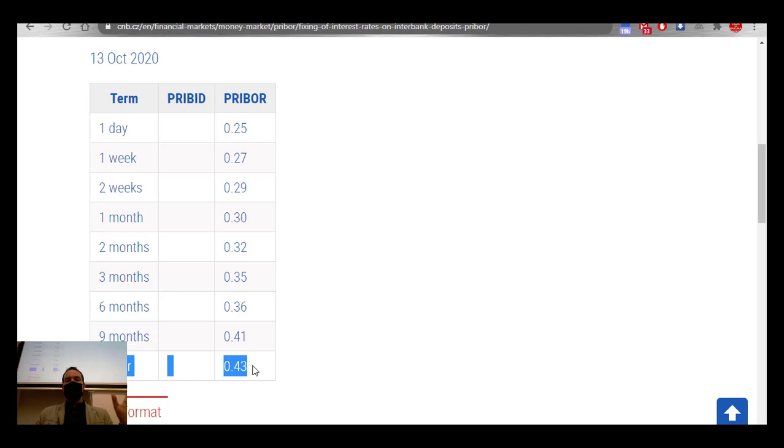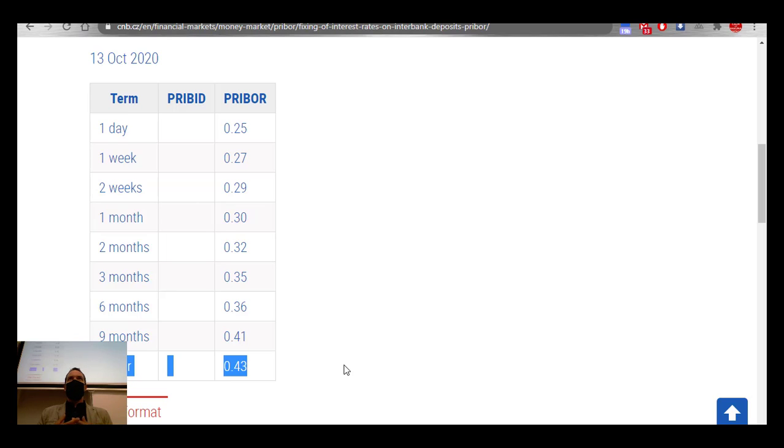So it's short-term lending. But it's also tricky, because this interest rate is not an actual weighted average of loans to each other. Instead, in the past when there was no internet and no real-time data available, they used queries.